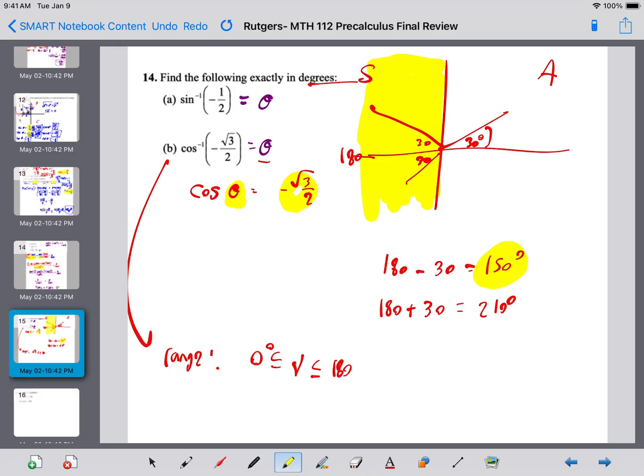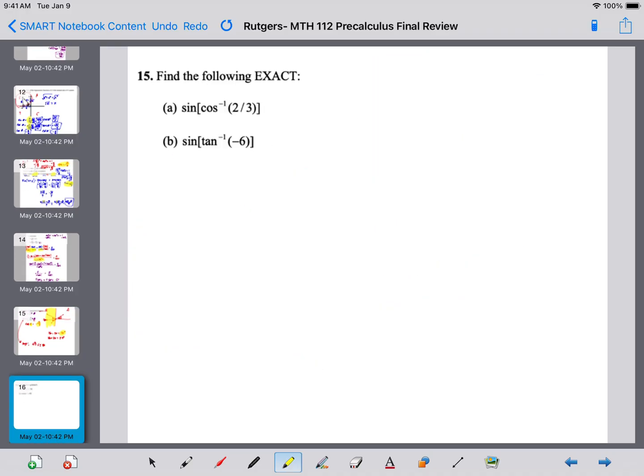So, question 15. Now we're doing function compositions. And there's no calculator sign on the question, correct? I don't believe so. So let's do your inside to your outside.